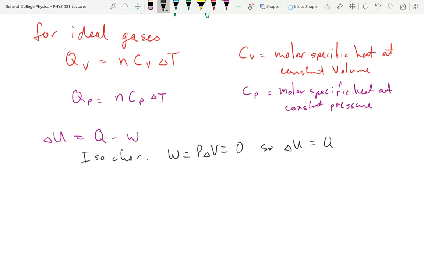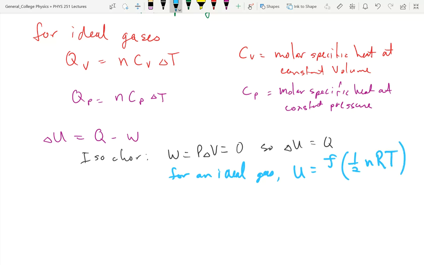But for a monatomic ideal gas, well, for any ideal gas, U is equal to the number of degrees of freedom times 1/2 nRT, right?